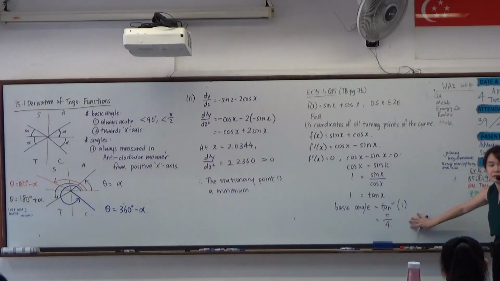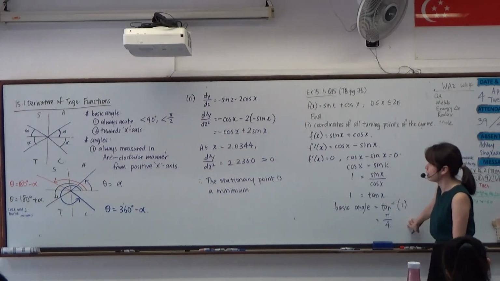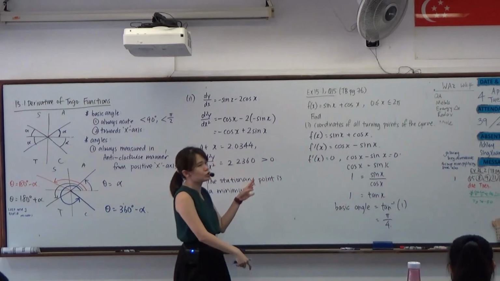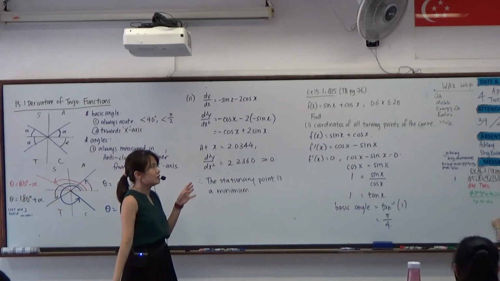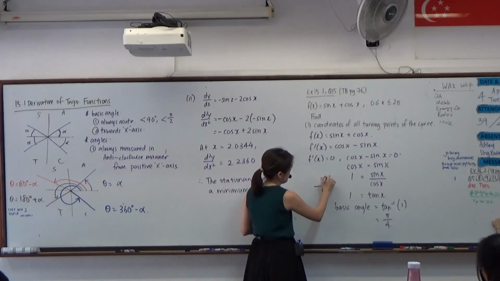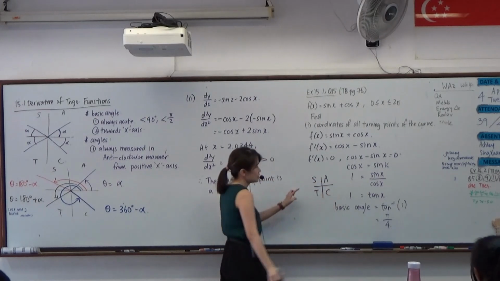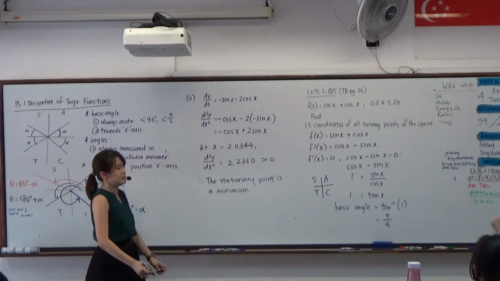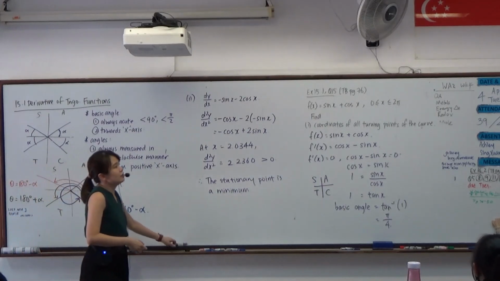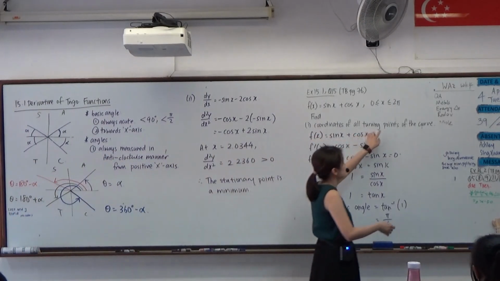From here, I want you to practice now. Find the coordinates of the turning points. Determine the quadrants that I mentioned earlier on. In this case, what are the quadrants? We have tangent x equals to 1, which is positive. Determine which quadrants it is on. Find the two angles, and then after that, find out what is the eventual turning points.